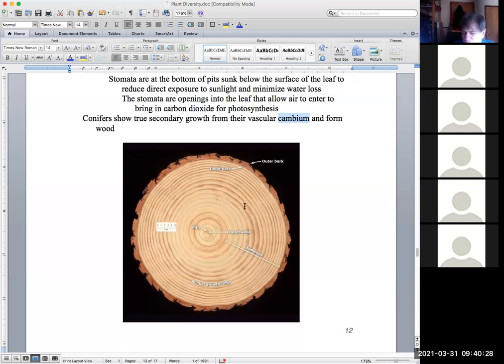Now, what we'll see later, we can't see on this, but we'll look at some micrographs, some photographs taken through the microscope, is a growth ring is really the light area and then the dark area just to the inside of it. And remember I said earlier, this is xylem cells. So here's what happens.